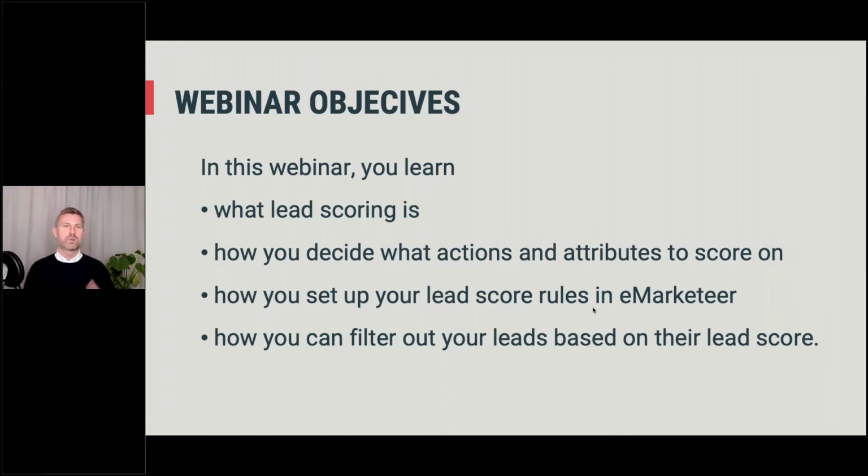And also, of course, how you can filter out leads based on scores so you can hand over to sales the people that are most interesting to reach out to at any given time. So that's what we'll be covering. A lot of background information as to what lead scoring is and how you work with it, and then looking at how you do it practically in eMarketeer.